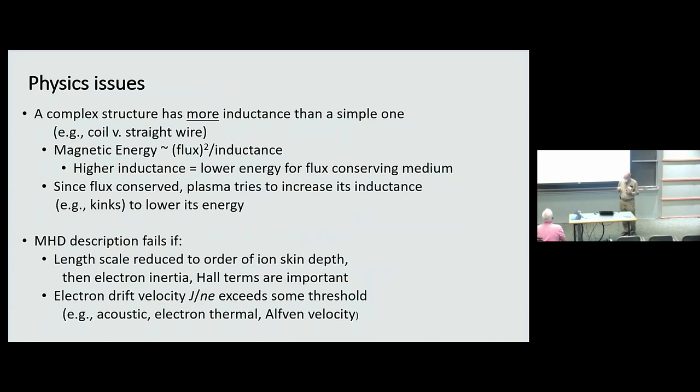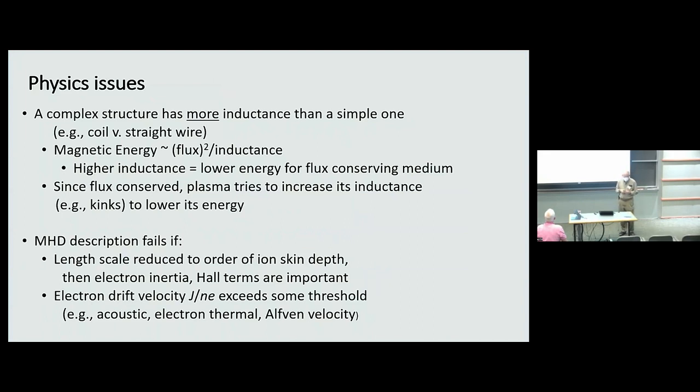And so if it's a flux conserver, then you can lower the magnetic energy by increasing the inductance. So basically, MHD is always telling you the plasma is trying to increase its inductance, because then it can lower its energy. If you take a wire and wrap it into a coil, it's got higher inductance. So the plasma is always trying to do things like winding itself into a coil.